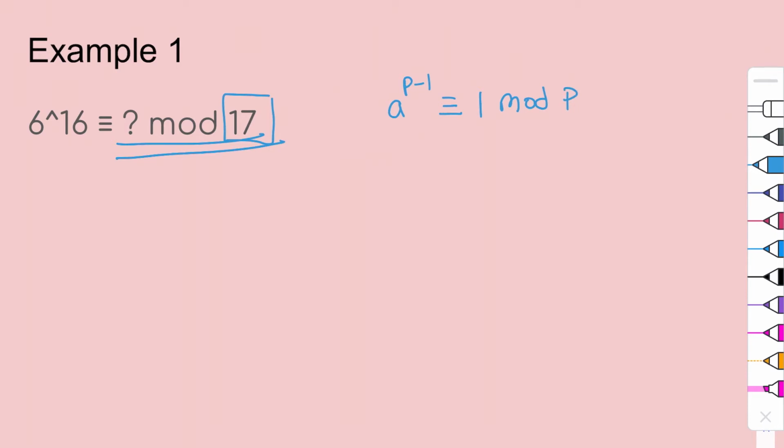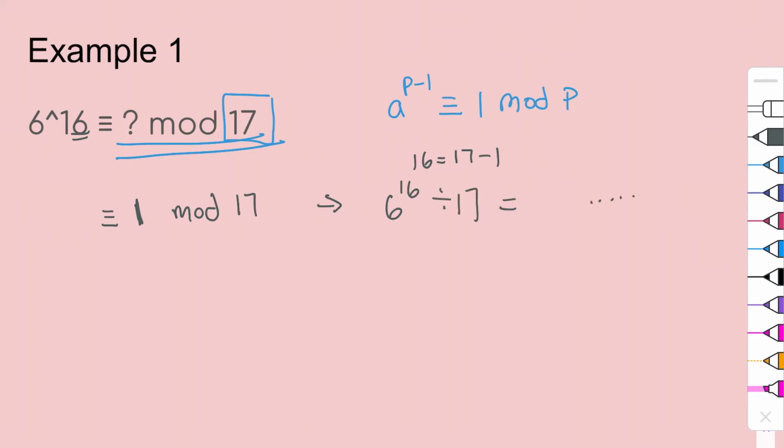And in this case, 16 is equal to 17 minus 1. So immediately we know that it's going to be equivalent to 1 in mod 17. Basically that means that 6 to the 16 power divided by 17 is going to have a remainder of 1.